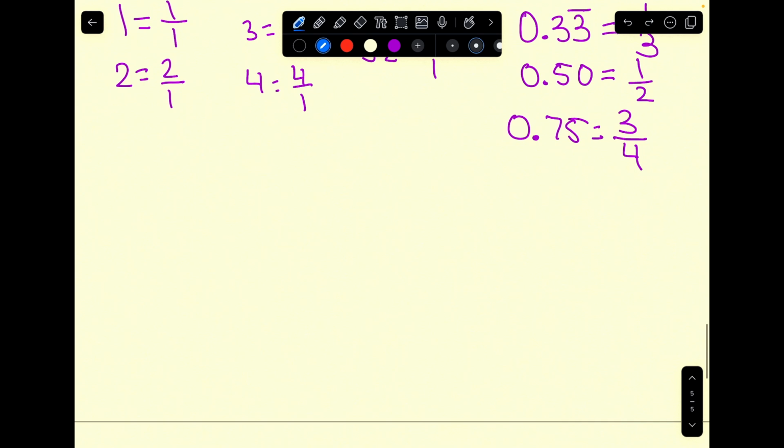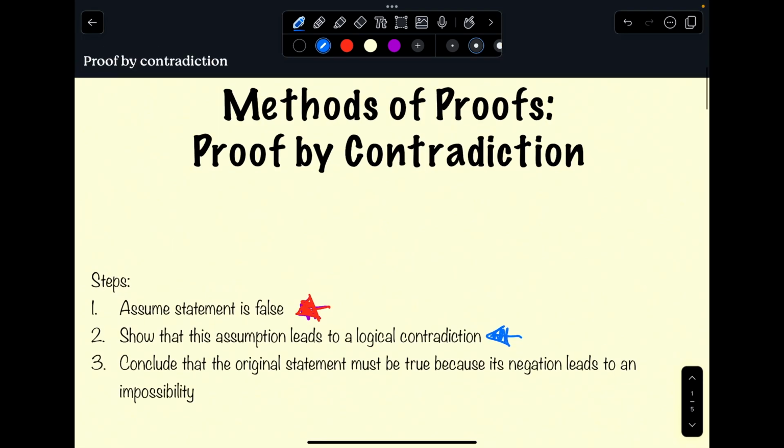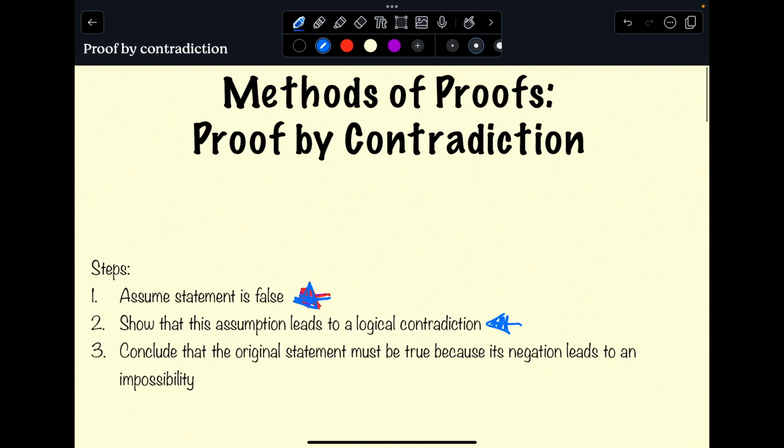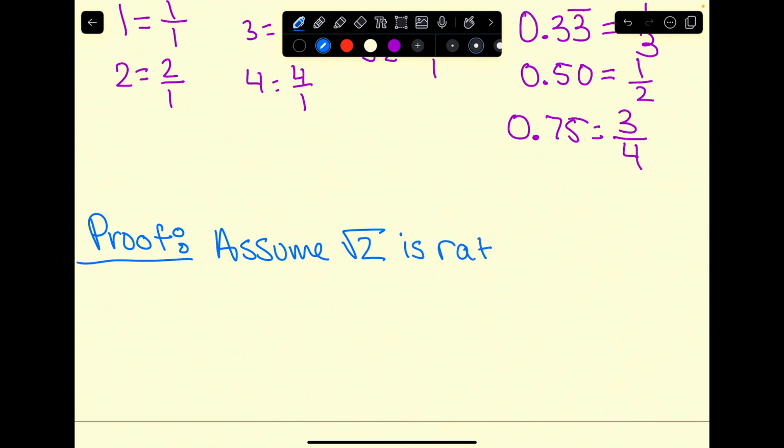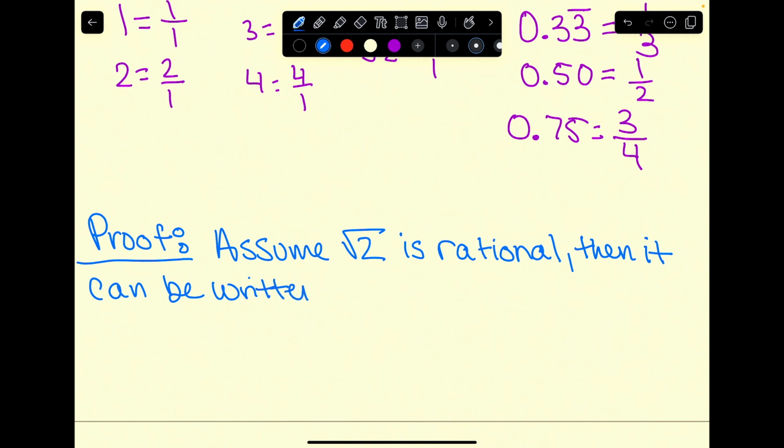We start off our proof by assuming that the statement is false, sticking to our steps of a proof by contradiction. So we're going to assume square root of 2 is rational. Then it can be written as square root of 2 is equal to a over b.